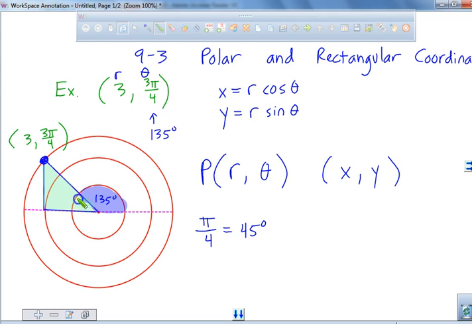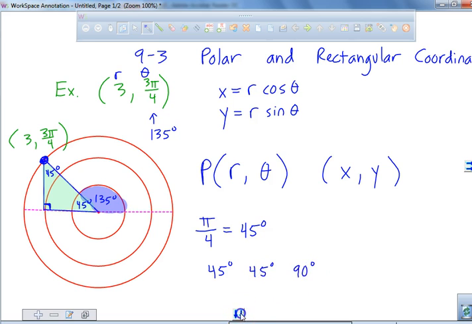Focus your attention on the triangle I just created on this polar coordinate grid. If this is 135, that means this angle right here has to be 45, which means this angle right here has to be 45. So now you are dealing with a 45 degree angle.